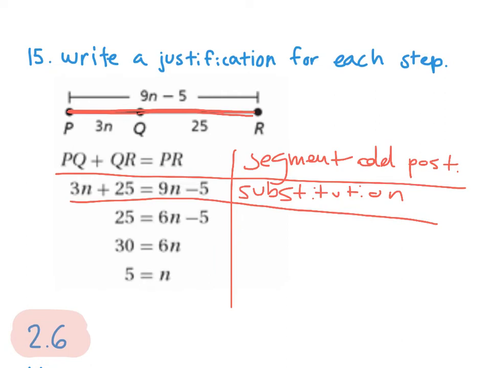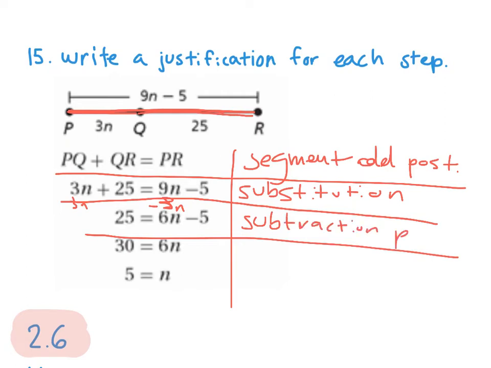Now to get rid of this 3n, they subtracted 3n from both sides. So the step would be subtraction property of equality, and then they added 5 to get rid of that on both sides.